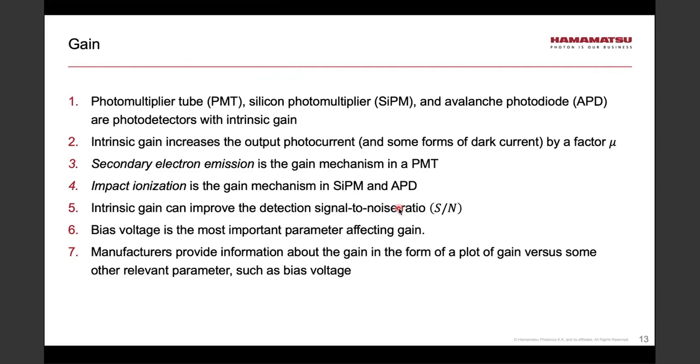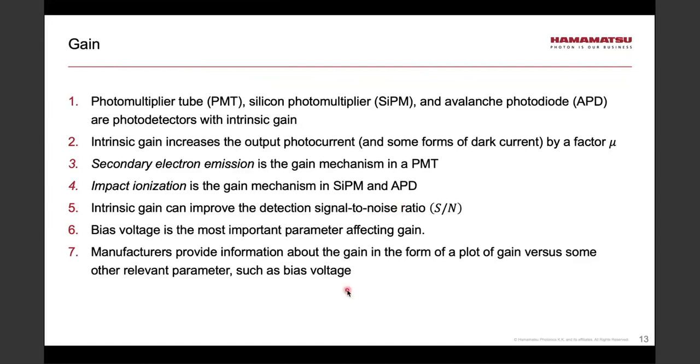So which characteristic affects the gain? The answer is that in almost all cases, the gain will be a function of the biasing voltage. It will either increase linearly with bias voltage, like in the case of a silicon photomultiplier, or as a power law in the case of a PMT.